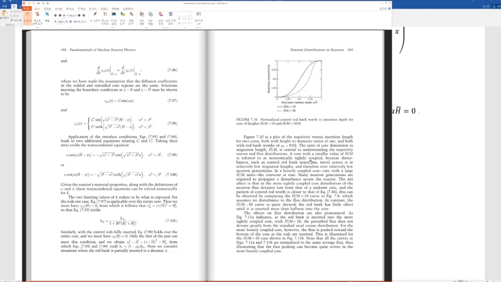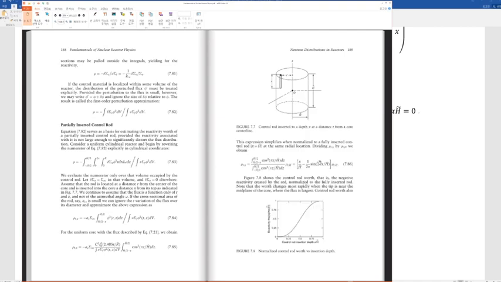So in this case, the reactor is tightly coupled, and the trend is very similar to the one that we have seen here.